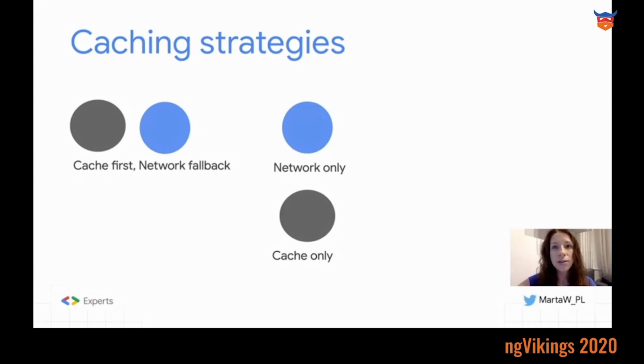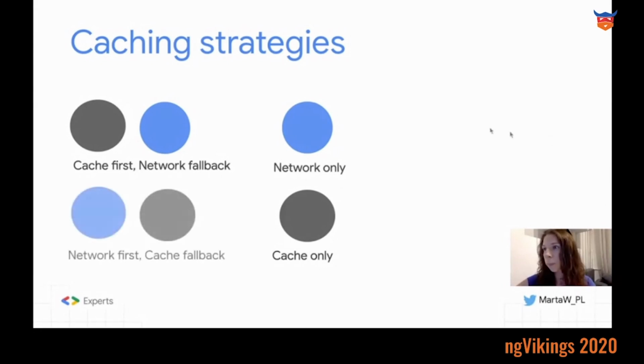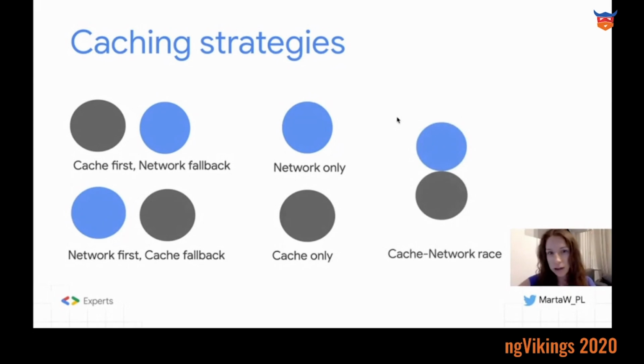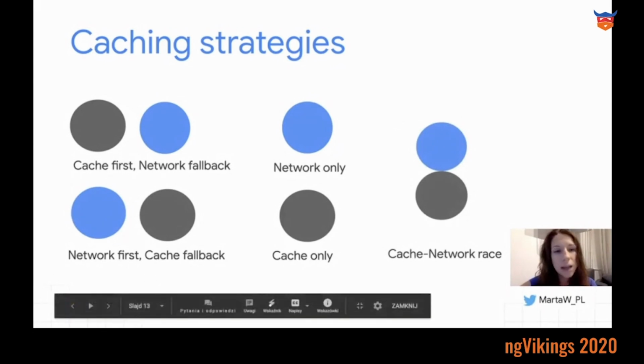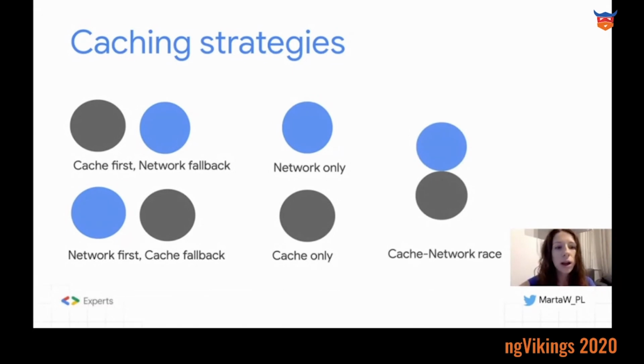The opposite approach is that we try to get resources from the network, and if that fails, then we try to get them from cache. Another option is cache network race. At the same time, we try to get data from cache and from the network, and then we use the one delivered faster.